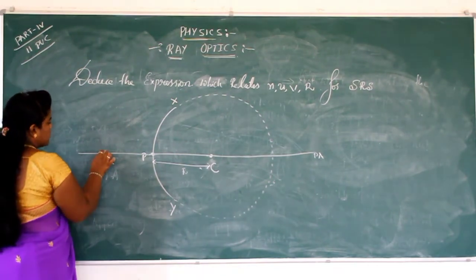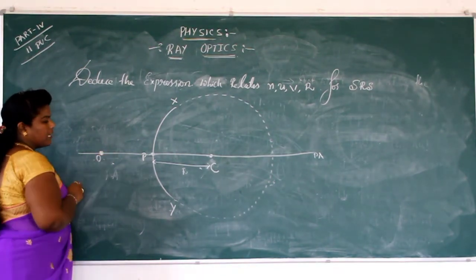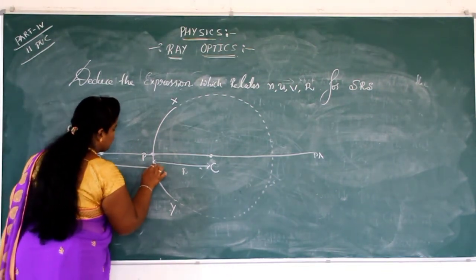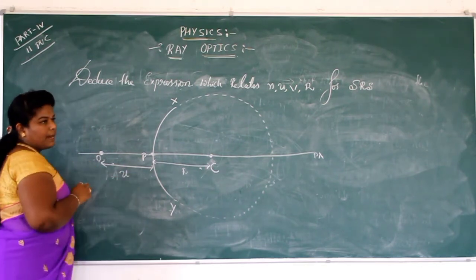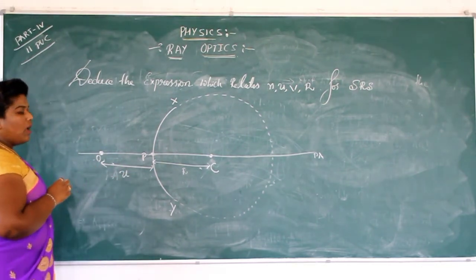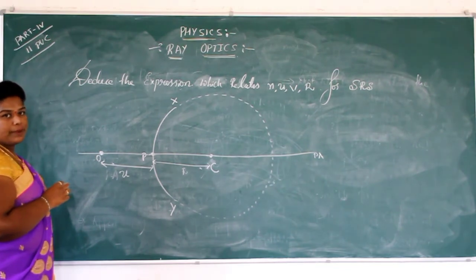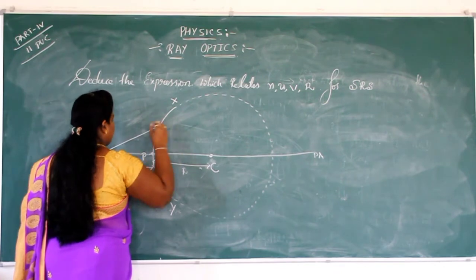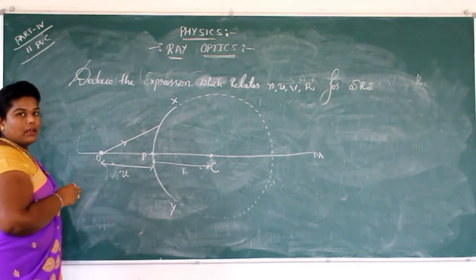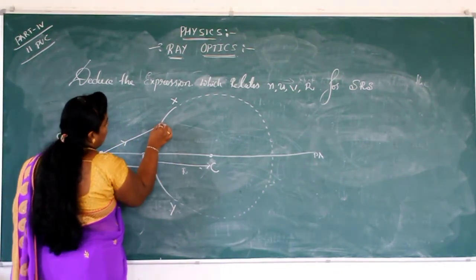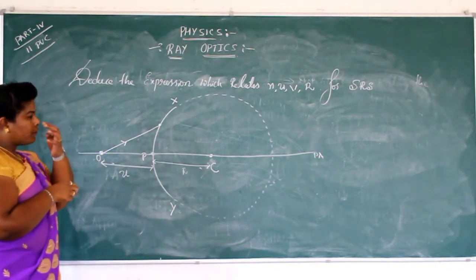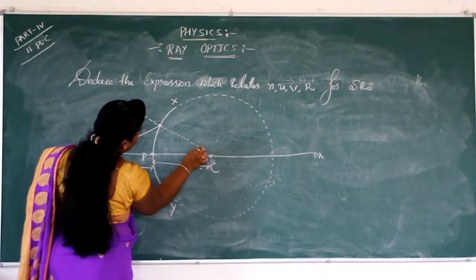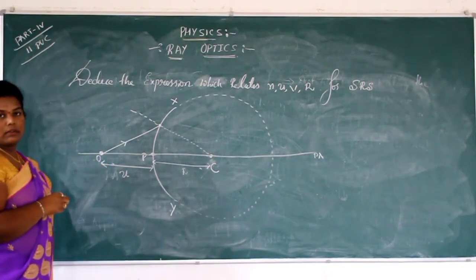Let us consider an object present at this position, named O. The distance between the pole and the object is called the object distance, represented by u. From the object, a ray of light is incident on the spherical refracting surface. At the point of incidence, I draw the normal, which passes through the center of curvature.